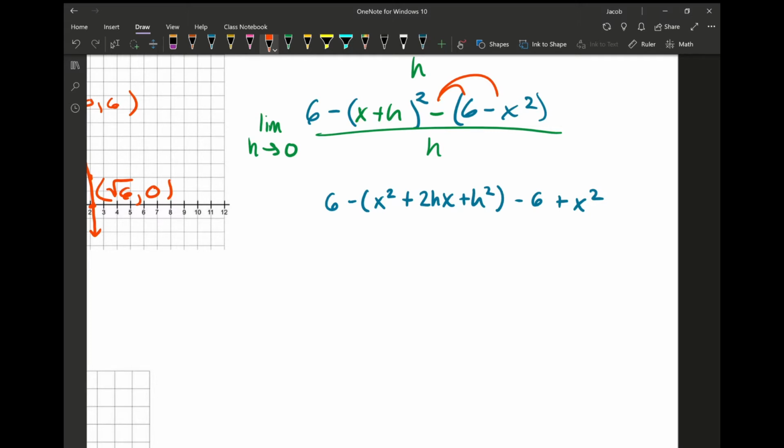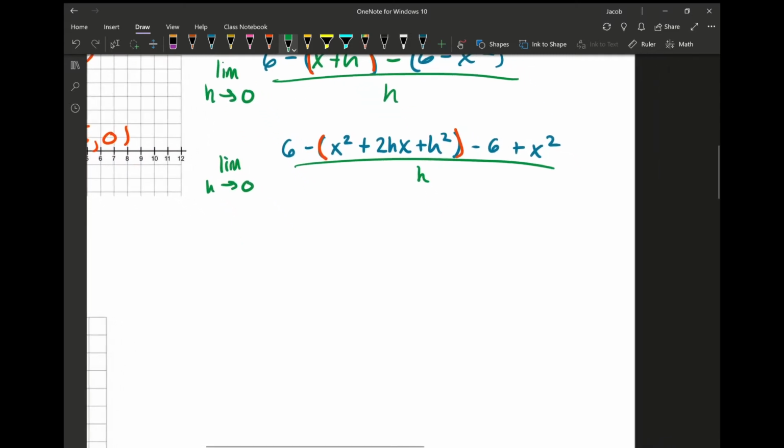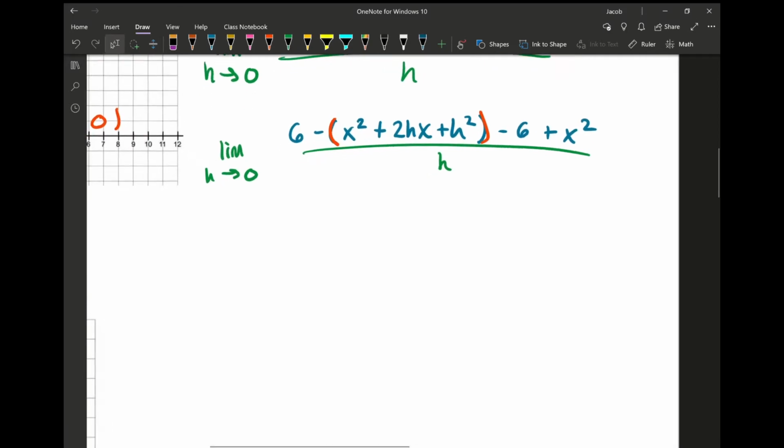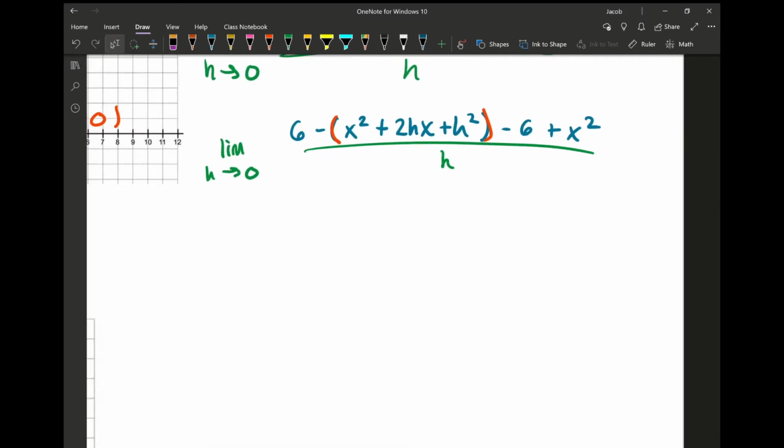I have kept my parentheses around my binomial because these are the same parentheses and they're needed for that negative that's out front. And then that's all over h, which hasn't changed. Then I'm going to distribute the negative and combine like terms. Hopefully my h can be divided out.